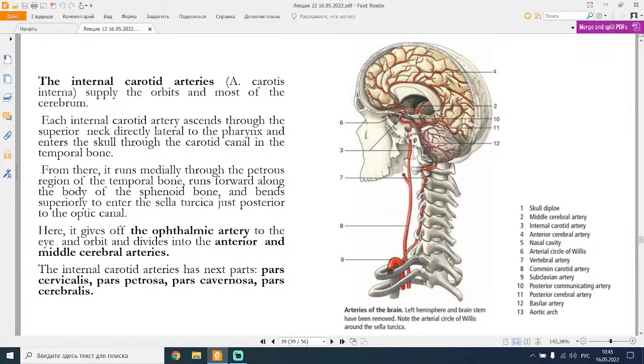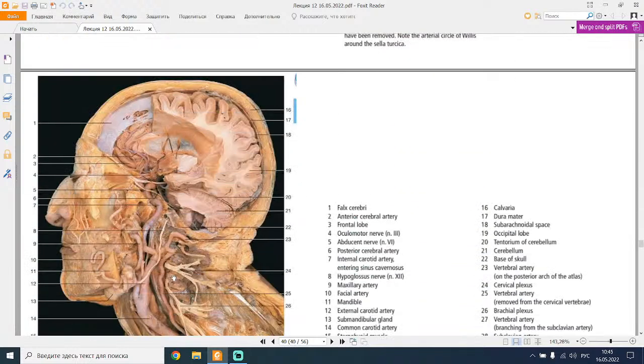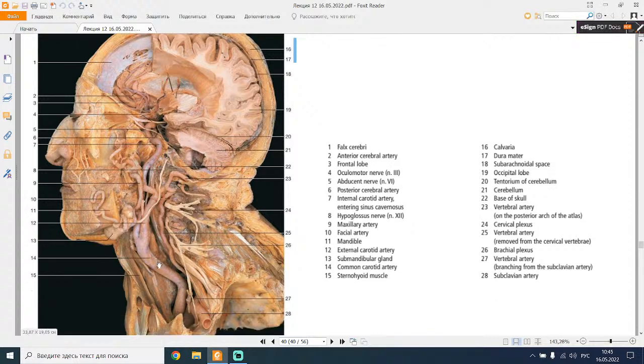Internal carotid arteries. You see arteria carotis communis, and you see arteria carotis externa, and arteria carotis interna. Pars cavernosa. This is pars petrosa.